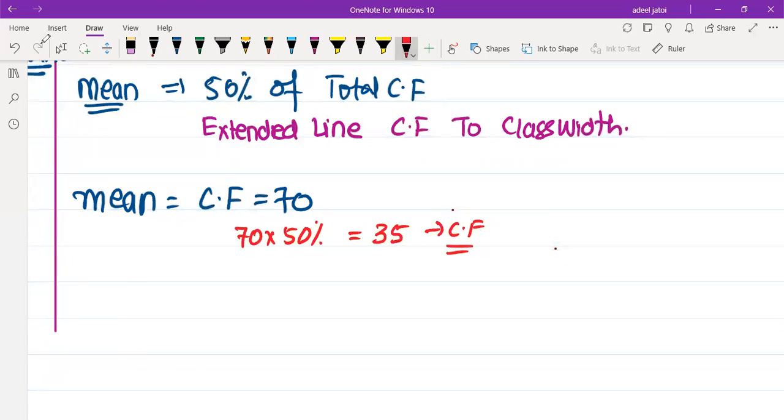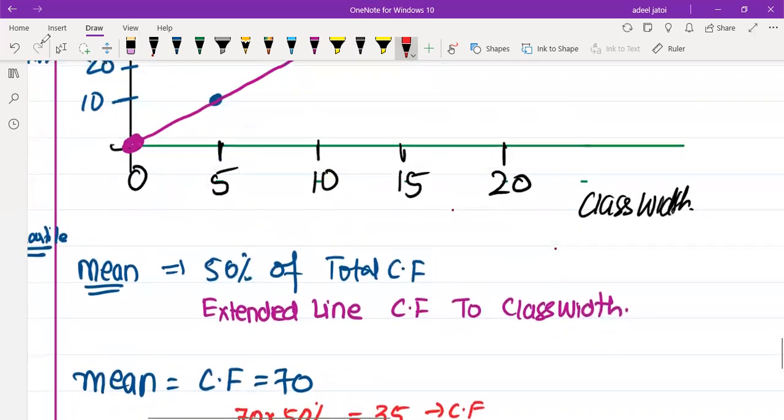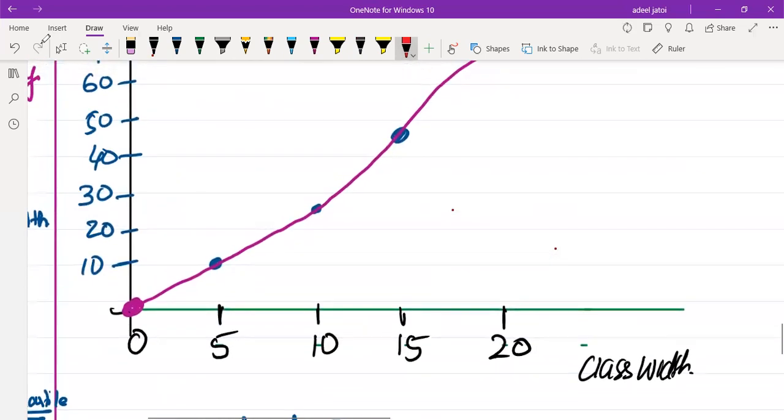This is not your mean. Your mean will be when you extend the line from 35, in the mid of obviously 30 and 40, your line is extended, it will touch the cumulative frequency curve, and then you will drop down to the class width.